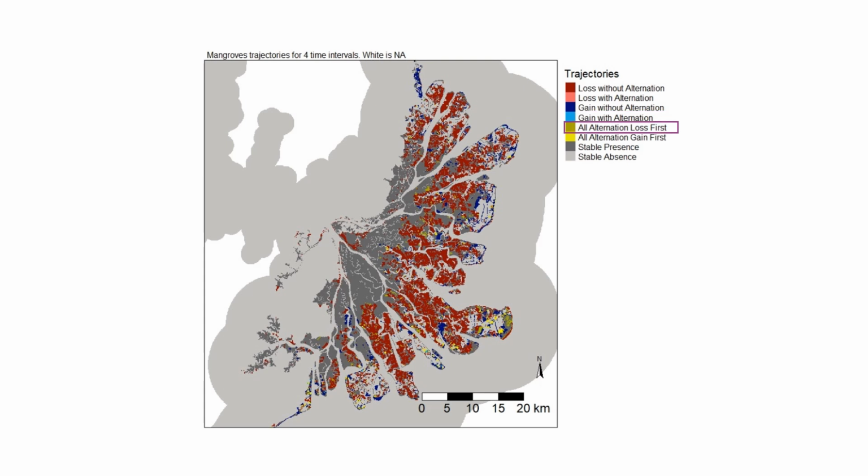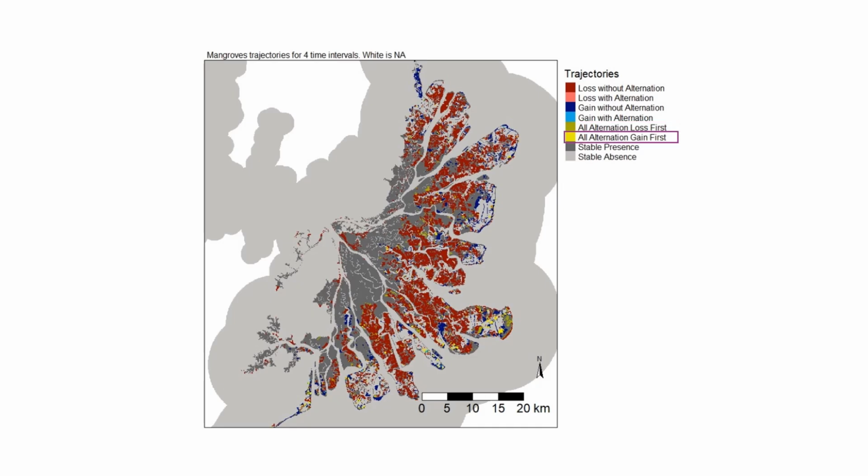The 5th trajectory, denoted by the olive color on the map, is all alternation loss first. The pixels in this trajectory start and end with having the category being studied present on the pixels, but at some time point being observed, the pixel has an absence of the category being studied.